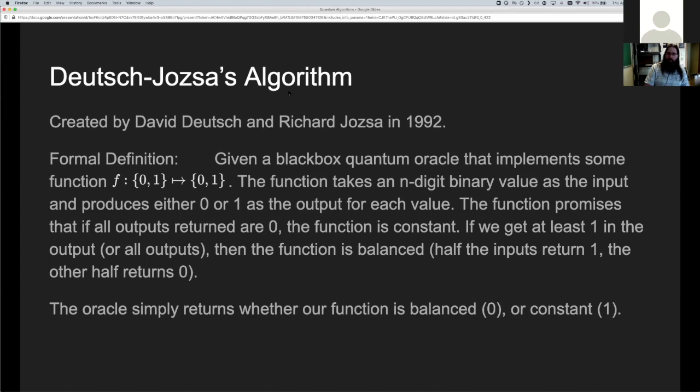The idea is that we're trying to determine whether the function is constant, returning the same value for every input, or balanced, where half the inputs return 1 and half return 0. That's all it's doing: determining whether this function is balanced or not.